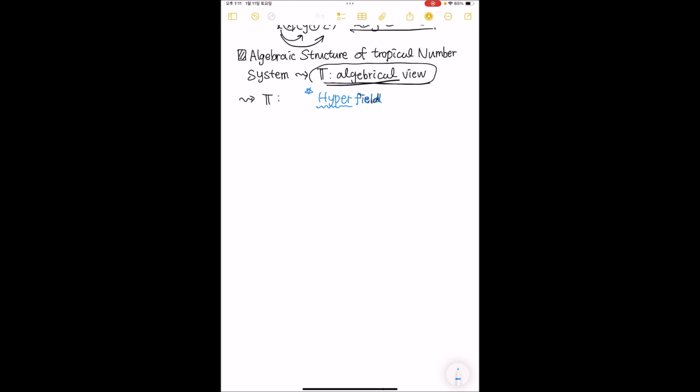What is a hyperfield? Let's go there. A hyperfield consists of 5-tuples.